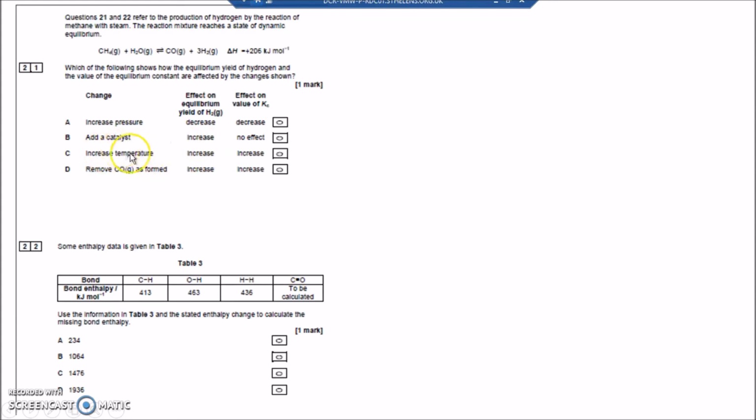Let's just check that out then. An increase in temperature increases the value of Kc, very possibly. An increase in temperature increases the yield of H2, in other words makes more H2, shifting the equilibrium to the right. Let's check that.